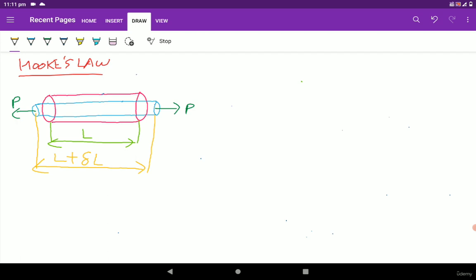On the x-axis there is the strain, which we define as change in length upon original length, delta L upon L. On the y-axis there is the stress. So the plot looks something like this.